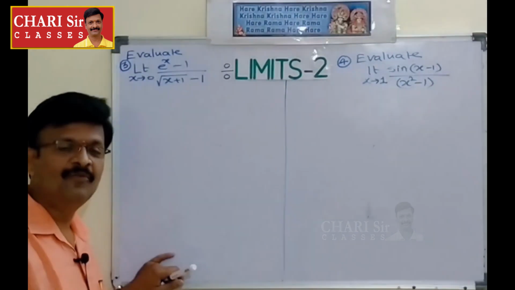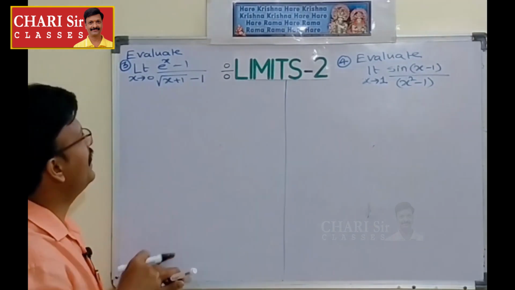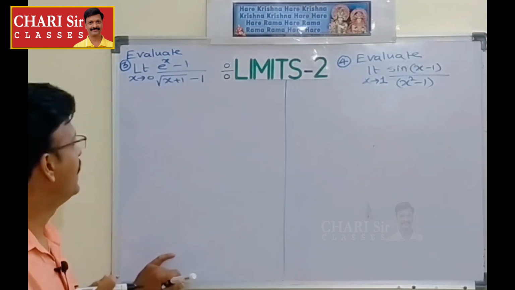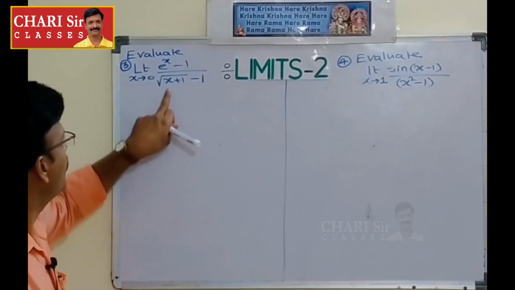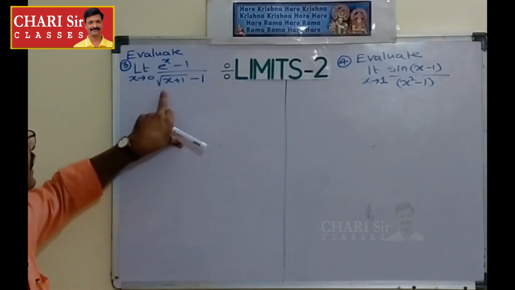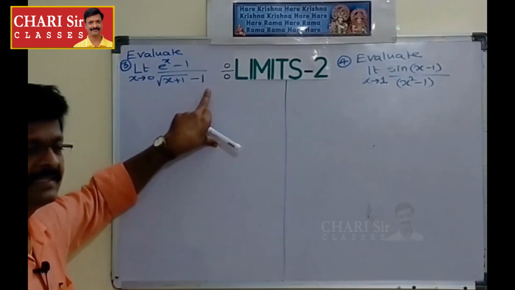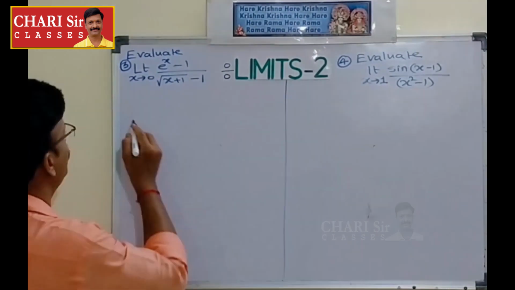When 0 by 0 form comes, it is called indeterminate form. When indeterminate form is there, we cannot apply the limit directly, and indeterminate form is not our answer. What to do? Here irrational parts are there in the denominator. We need to rationalize this using its rationalizing factor. How can we do this?